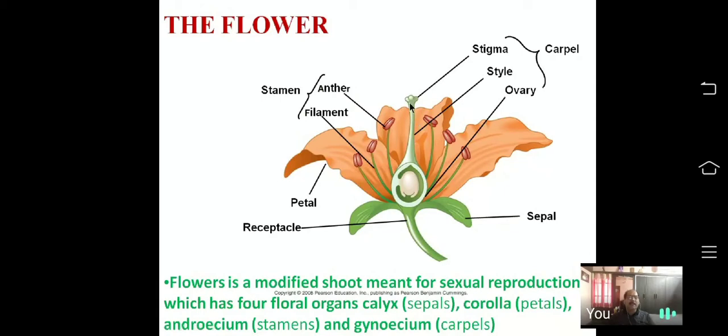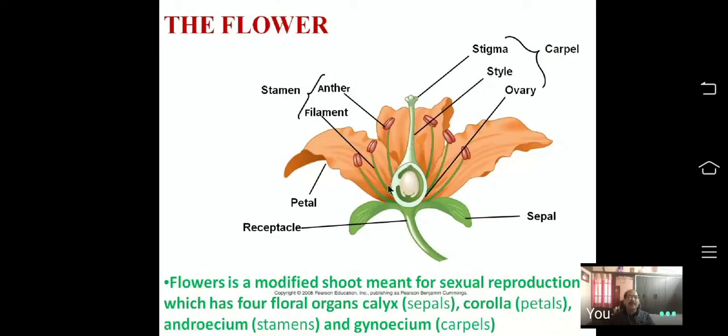Each pistil is divided into three parts. The topmost portion is called the stigma. Stigma is the landing place for pollen grains during pollination. It is followed by a long, slender stalk called the style.